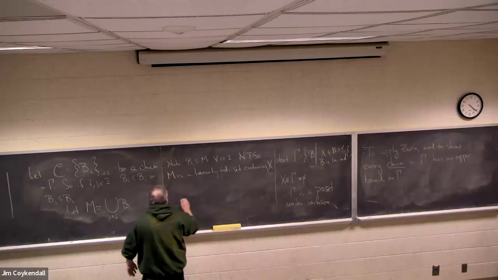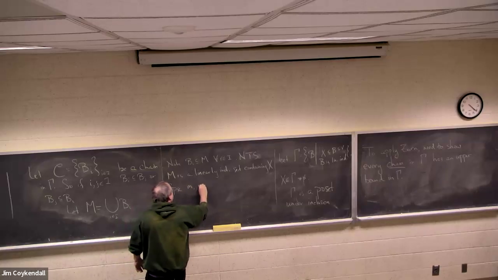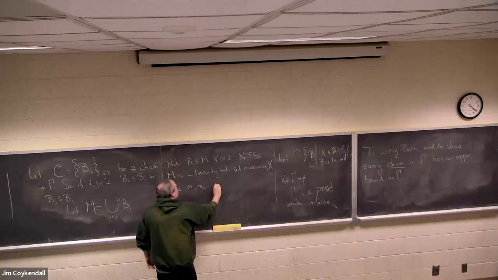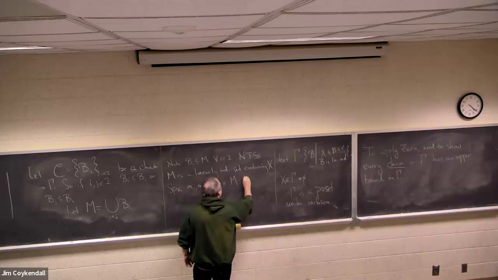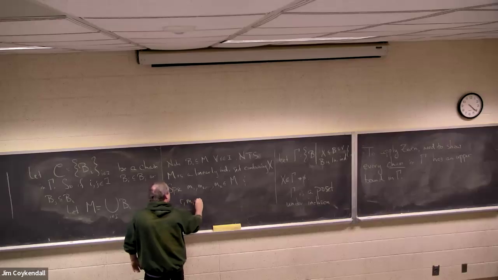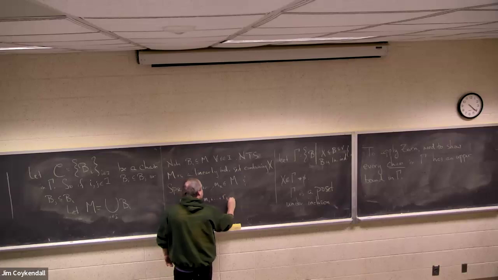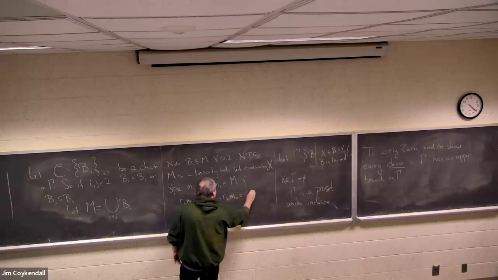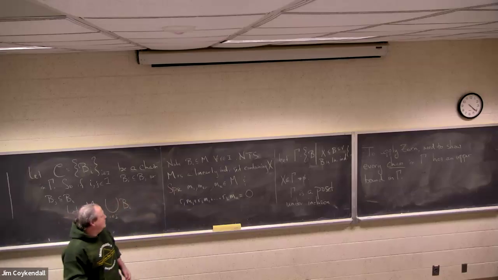So suppose m_1, m_2, ..., m_k are in M, and you have the relation r_1 m_1 + r_2 m_2 + ... + r_k m_k = 0. So suppose we've got that relation.